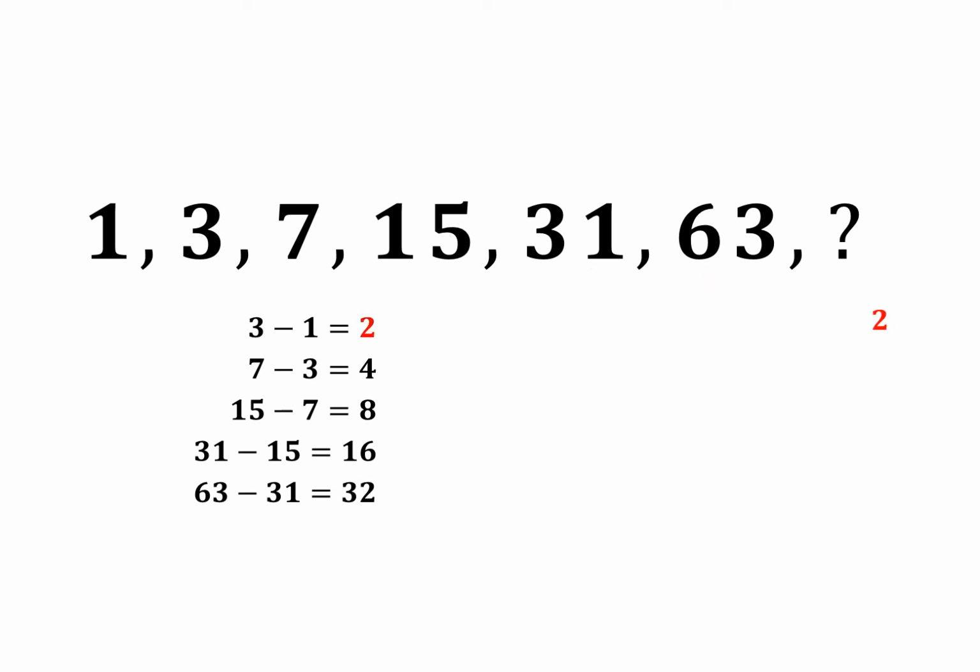Consider this 2. This 2 is multiplied with 2, becomes 4. This is how this 4 is obtained. This 4 is multiplied with 2, becomes 8.